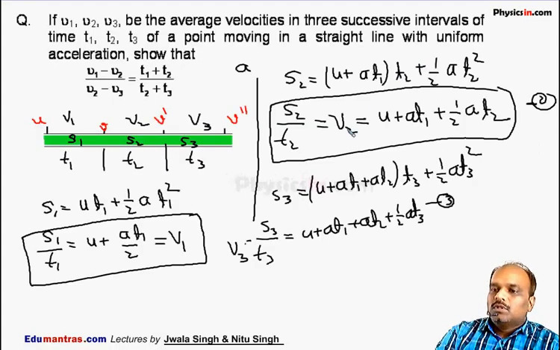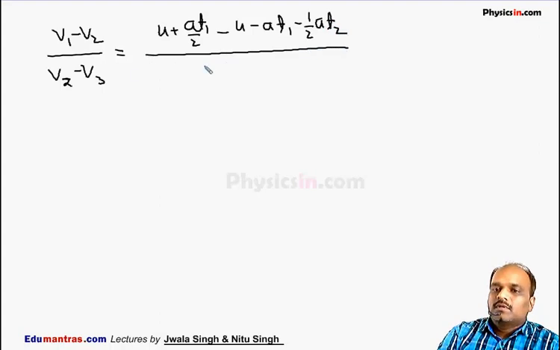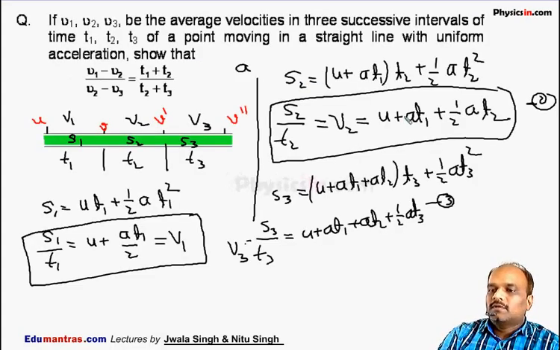We know V2 is equal to U plus AT1 plus half AT2, whole divided by V2, which is U plus AT1 plus half AT2, minus V3. Now from here we can say V3 is equal to U plus AT1 plus AT2 plus 1 by 2 AT3.